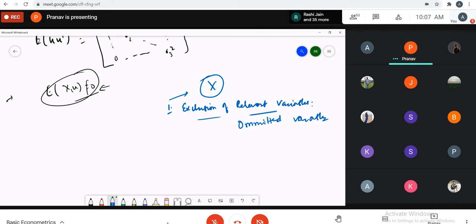So, omitted variables. Suppose we are trying to establish a relationship between the price of a house, or we are trying to find out the determinants which decide how much price for a house a consumer should pay.